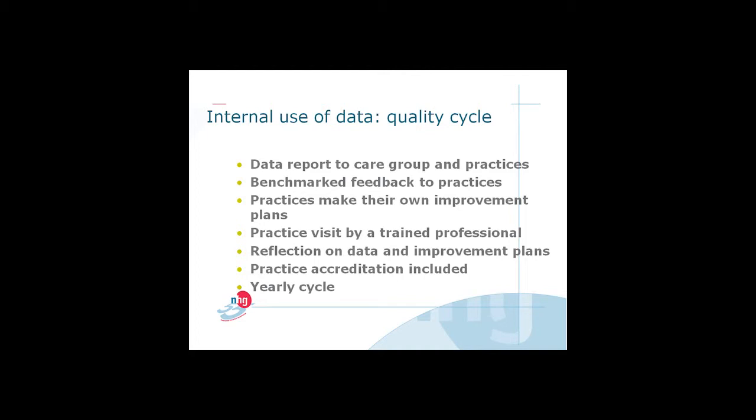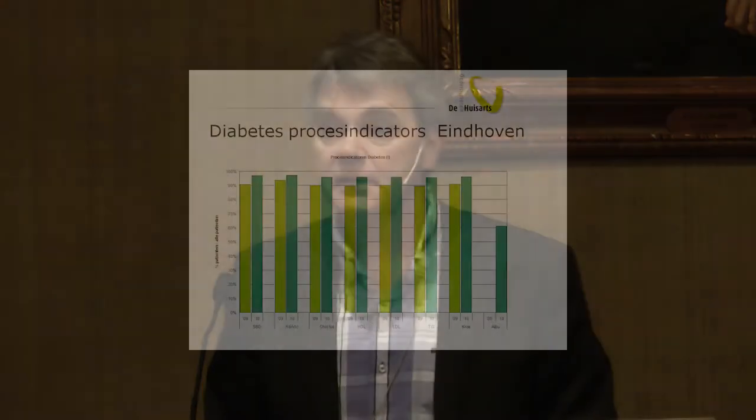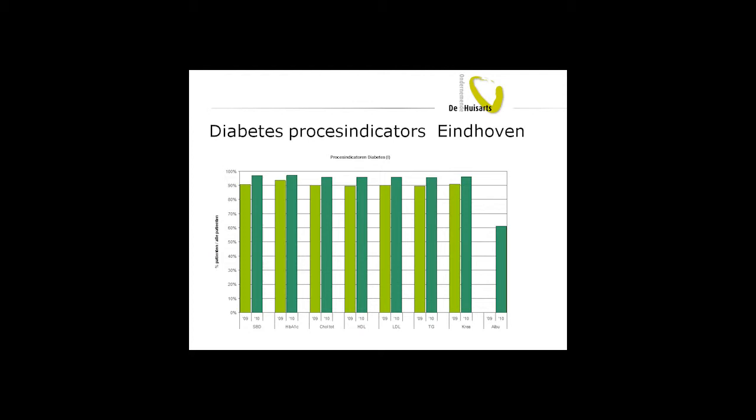And there's a yearly cycle, and that makes that people have the tendency to continue their improvement in the practices. If you look at the Eindhoven example, you see, and the light bar is in 2009 and 2010 is beside it.